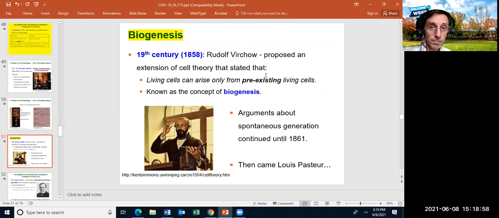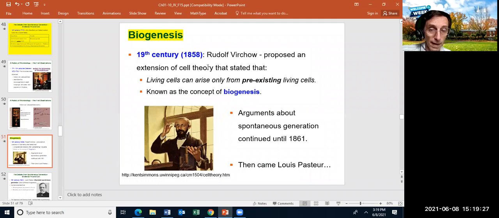Rudolf Virchow wrote up the theory that all living cells arise from pre-existing living cells, which was known as the concept of biogenesis. This theory had been around before he wrote it up, but he formalized it and wrote it up in 1858.